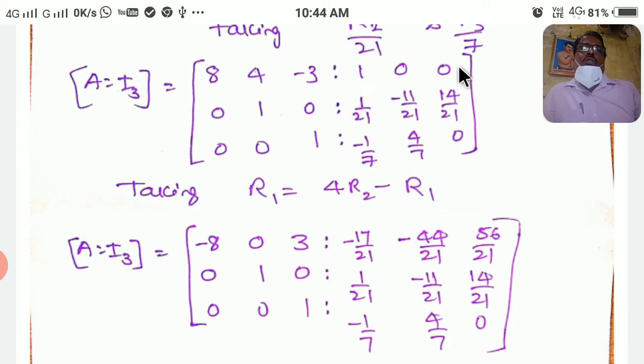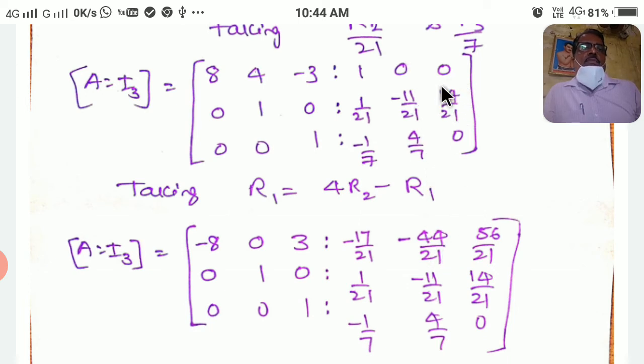Next here also we carry out the same operation, multiply the elements of R2 with 4 and subtract the elements of R1. So 1 minus 4 into this element, 4 by 21. 4 by 21 minus 1, you will get minus 17 by 21. Similarly, multiply this with 4, 44 by 21, minus 0, minus 44 by 21.